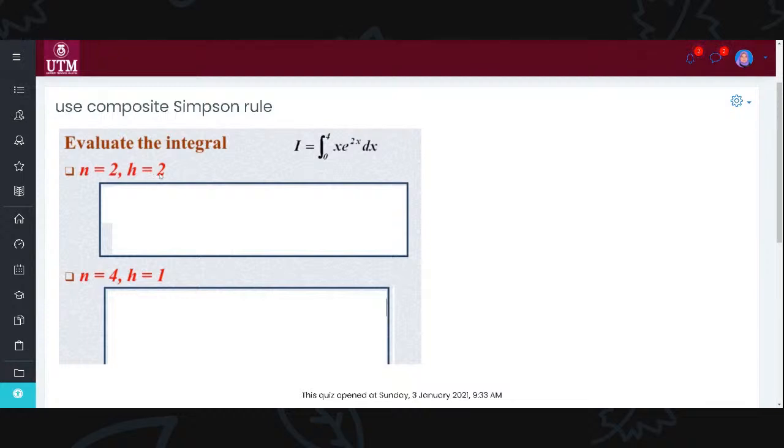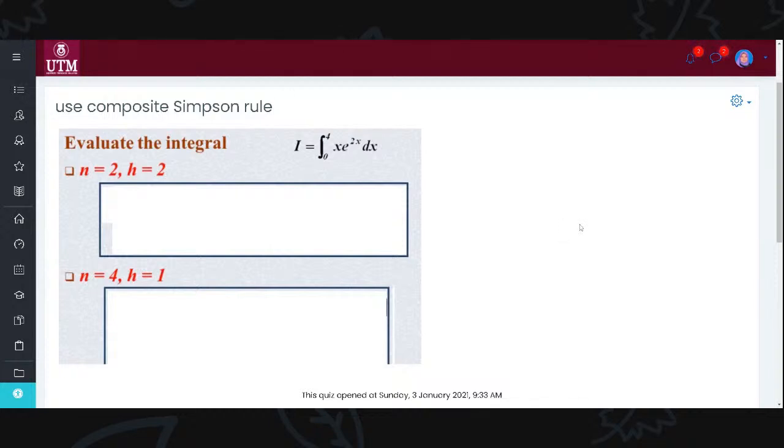First, h equal to 2, so n is (4 minus 0) divided by 2, which is equal to 2: two subintervals. The second is if I partition the data into h equal to 1, so n is equal to 4. Please submit through the e-learning before 12 tonight.